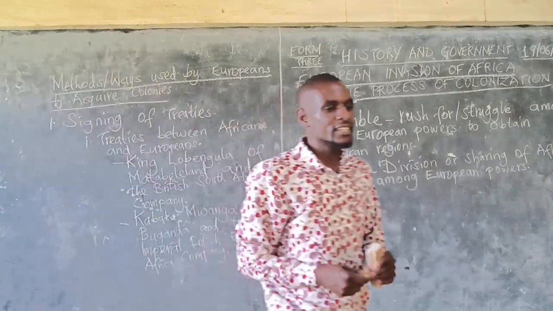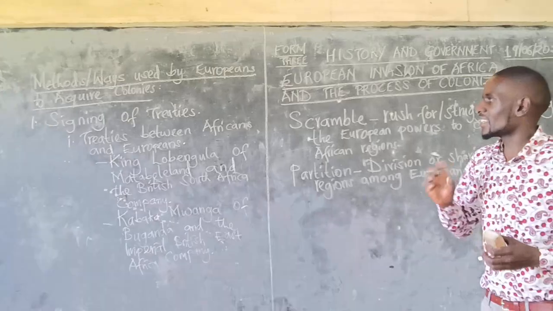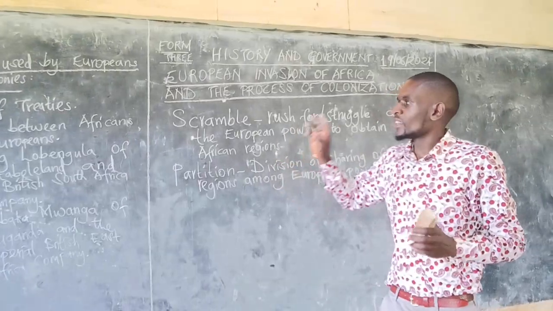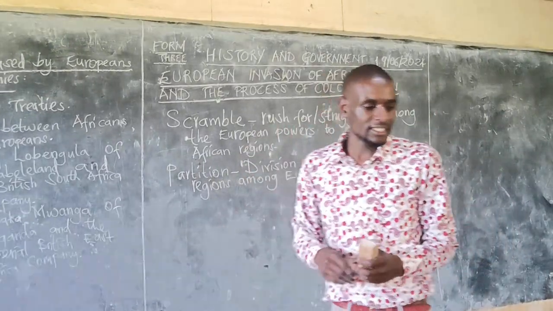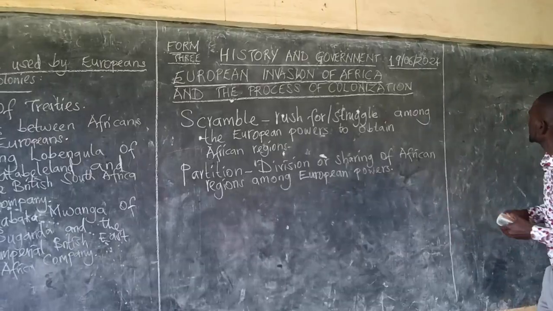Now we'll move forward and look at examples of Partition treaties. That is the second type of treaty that was signed.